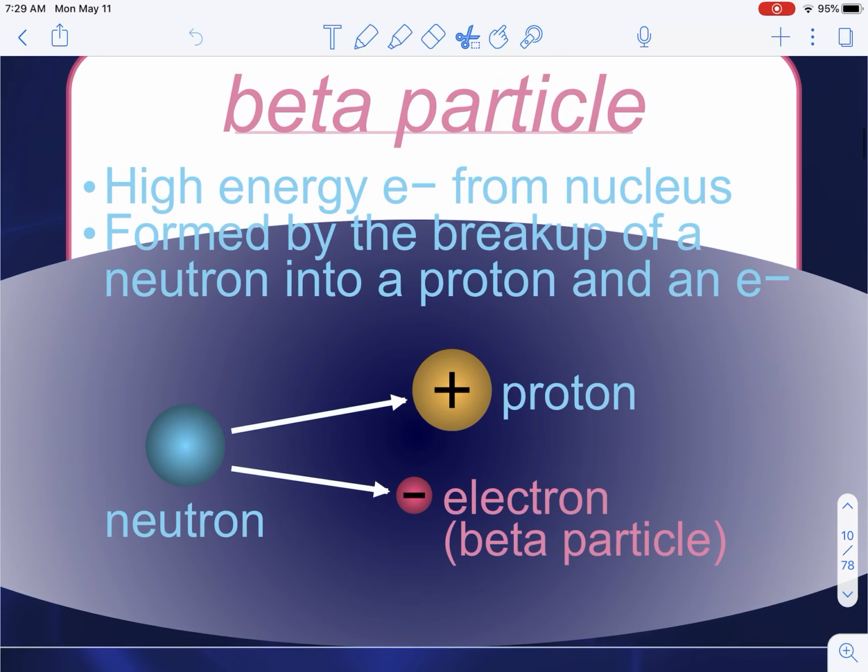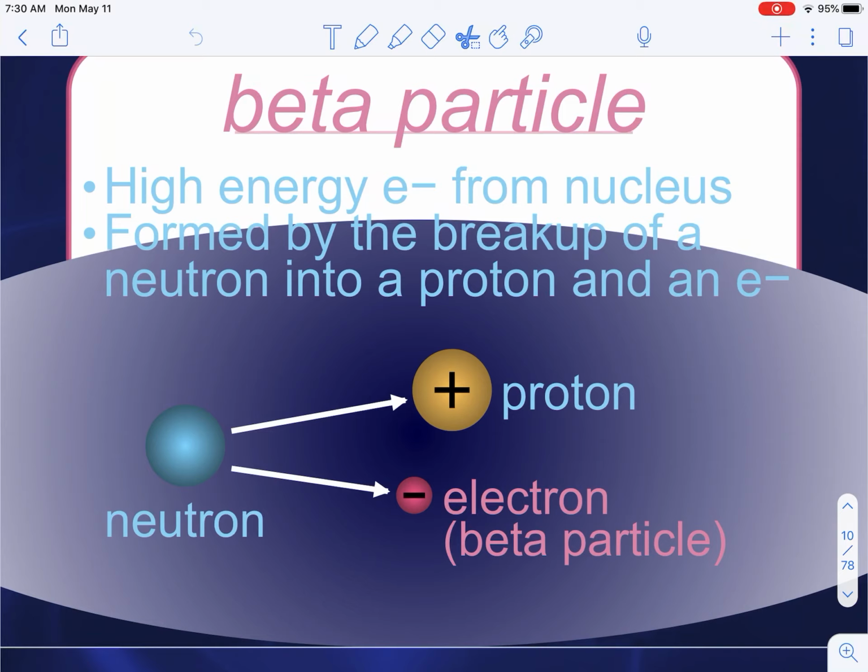A beta particle is a high energy electron that's given off from the nucleus and is formed by the breaking up of a neutron, which is normally neutrally charged. So think about it. If a neutron has no charge, it has to have a positive part and a negative part. So what happens is that proton is split from the electron.